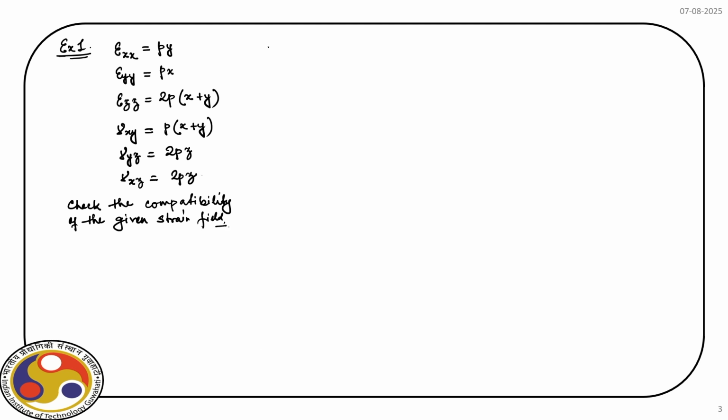Okay. So, if you recall, what are the compatibility conditions we derived yesterday? Altogether 6 compatibility conditions are there. The first condition is between epsilon xx, epsilon yy and gamma xy. Similarly, we have 2 more.